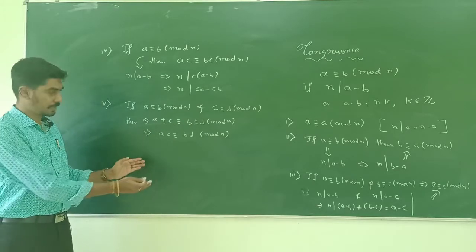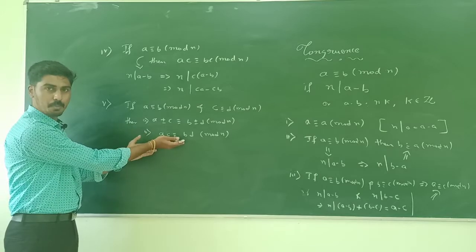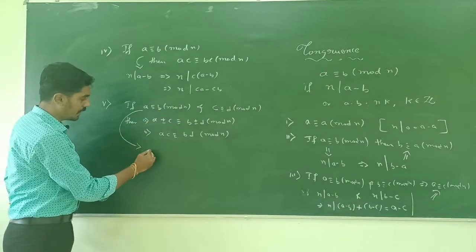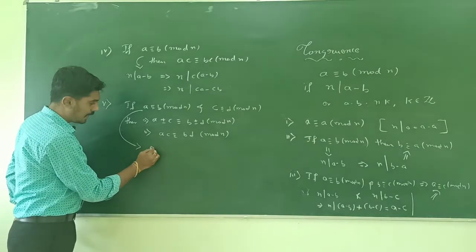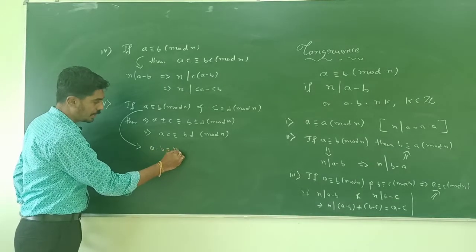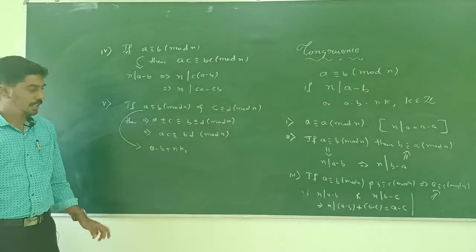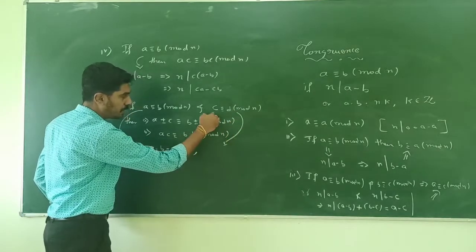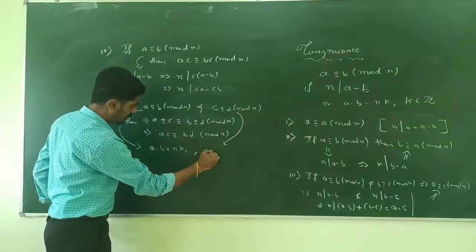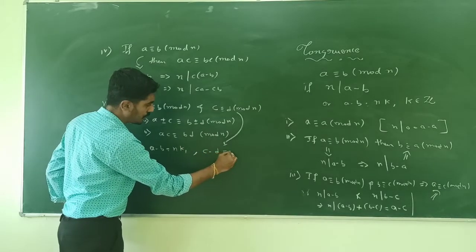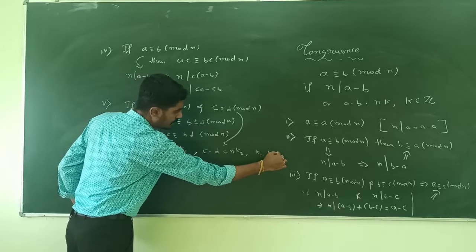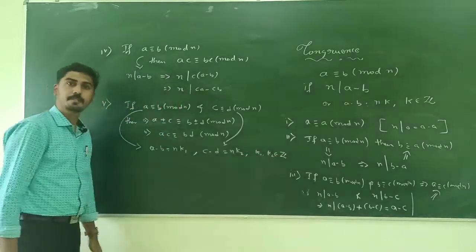I am going to discuss the second property. If A is congruent to B modulo n, then A minus B is n into k1, where k1 is an integer, and C congruent to D modulo n implies that C minus D is equal to n into k2, where k2 is an integer.